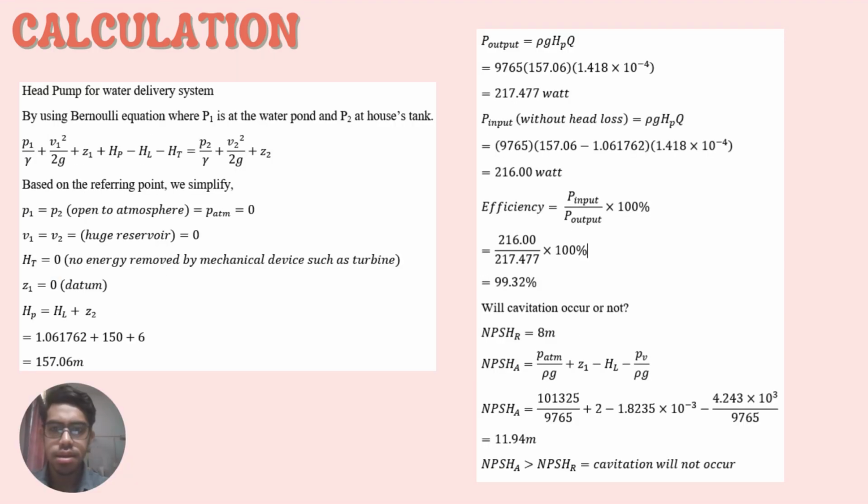Next, we can calculate the head pump for the water delivery system by using the Bernoulli equation, where P1 is at the water pond and P2 at the house tank. The Bernoulli equation is given by P1 over gamma plus V1 squared over 2g plus Z1 plus HP minus HL minus HT equal to P2 over gamma plus V2 squared over 2g plus Z2.